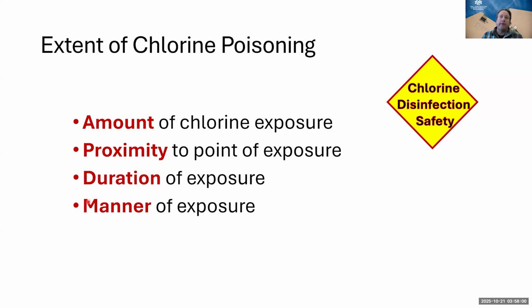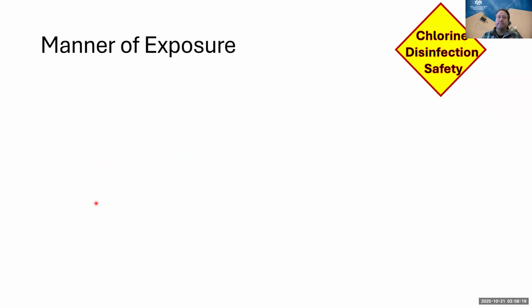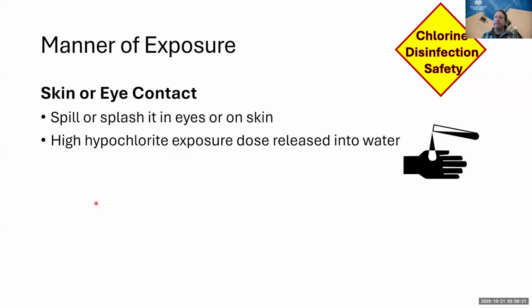And then how were you exposed to that chlorine, the manner? And so was it inhalation? Was it in your eyes? Was it on your skin? Was it ingestion? So the extent of poisoning is going to depend on the amount, the proximity, the duration, and the manner of exposure. So let's look a little bit at the manner of exposure.